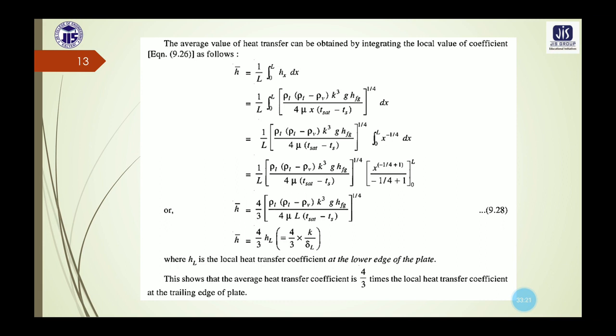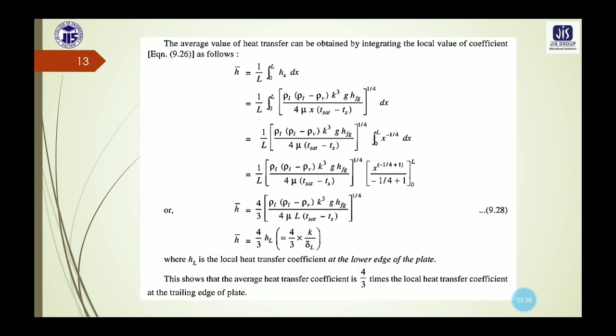If we put the value of the local heat transfer coefficient hx, then after certain steps we do the integration within the limit 0 to L. After several steps we get the average heat transfer coefficient, h bar equals 4 by 3 hL, which can also be represented as 4 by 3 k by delta L, where hL is the local heat transfer coefficient at the lower edge of the plate.